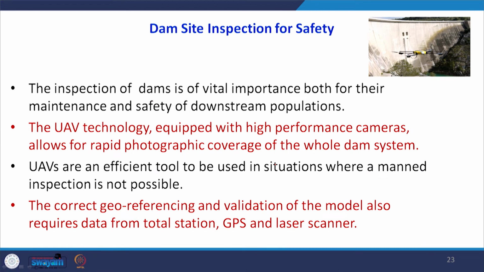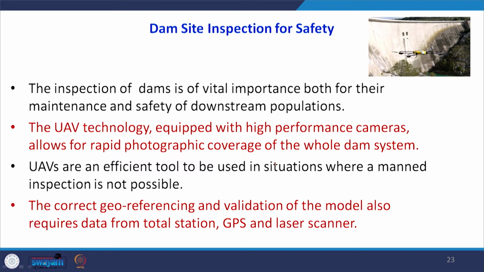Inspecting the sites. There are dam sites, for example, that one has to inspect regularly because failure of a dam can cause havoc to the area. So, this inspection is a very vital activity, and a lot of field work has been reduced with the help of these UAV images.